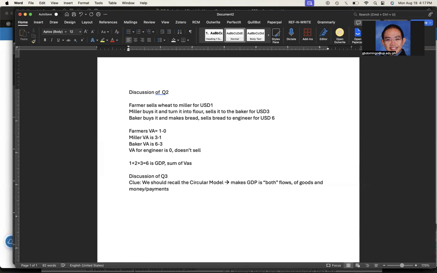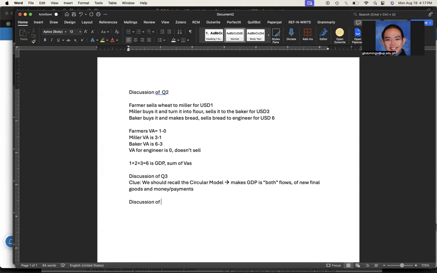Without the flow of payments, there is no GDP. And without the flow of new goods and services, I should also say new final goods, there's also no GDP, right? So that's my clue, and then maybe we can talk about it later.